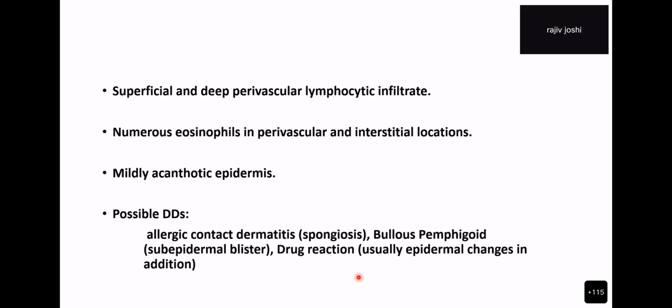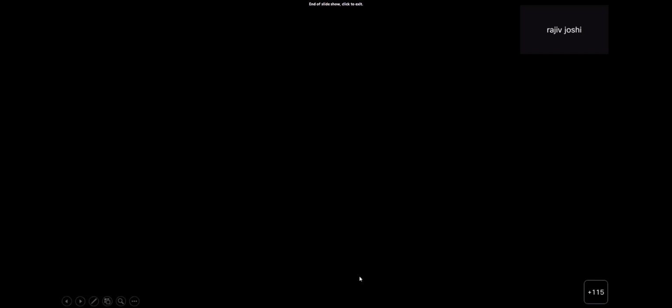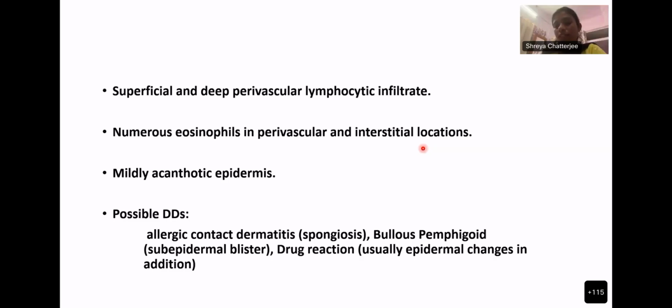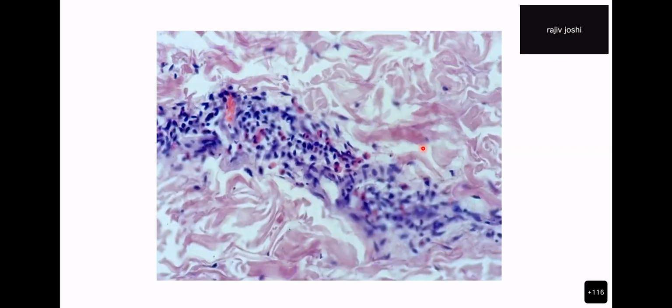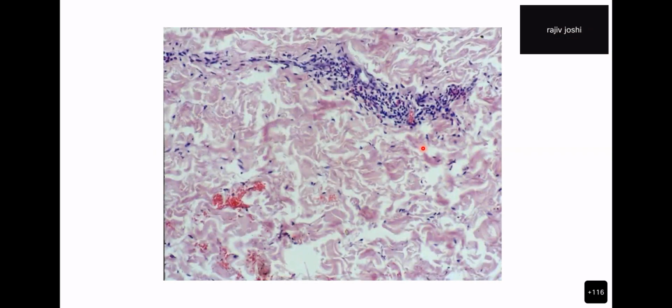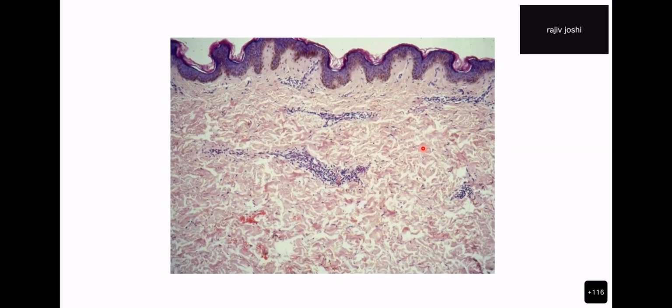So good. Sir, I have a question. Are we ruling out urticaria in this slide because we cannot see any neutrophils? Yes, urticaria, I forgot, that was your first differential diagnosis. Now, urticaria usually has a combination of neutrophils and eosinophils. That's number one. Secondly, the number of eosinophils are very sparse.